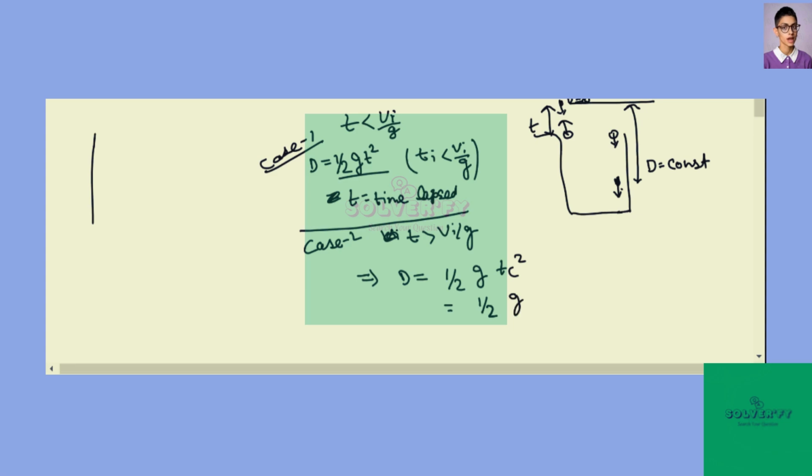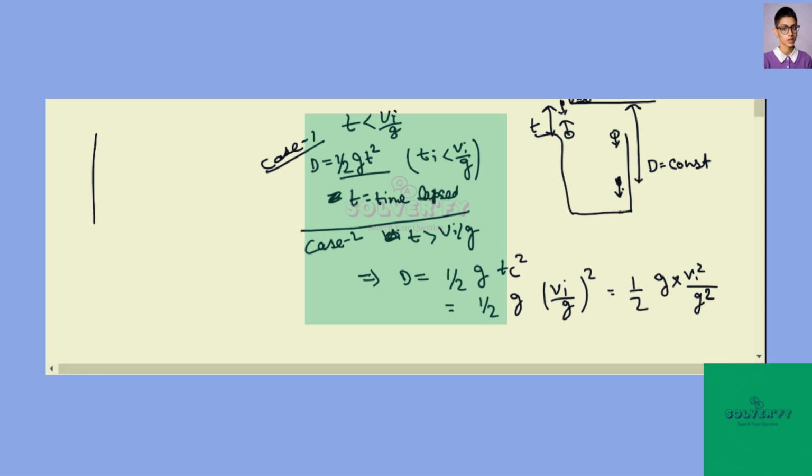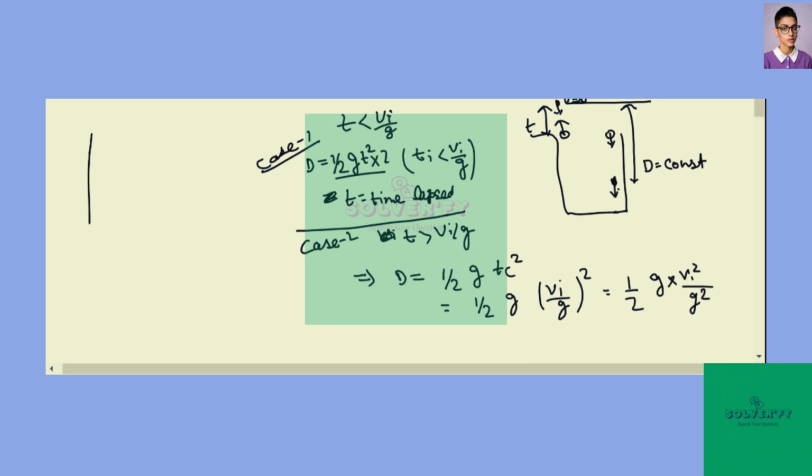So half g times vi by g whole square, which is half g vi square upon g square, into 2 because there are two balls. So simply it will be vi square by g. This is for case 2.